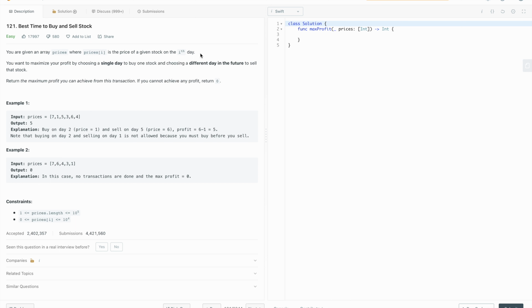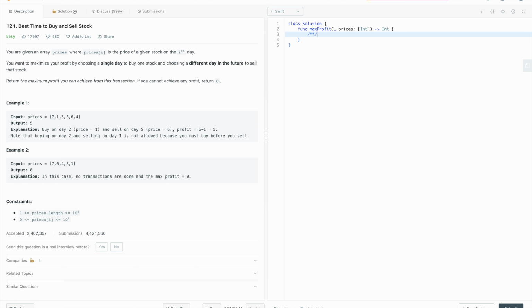So here we can see that the index, the ith day, corresponds to the ith day's stock price. You want to maximize your profit by choosing a single day to buy one stock and choosing a different day in the future to sell that stock. Return the maximum profit you can achieve from this transaction. If you cannot achieve any profit, return 0.